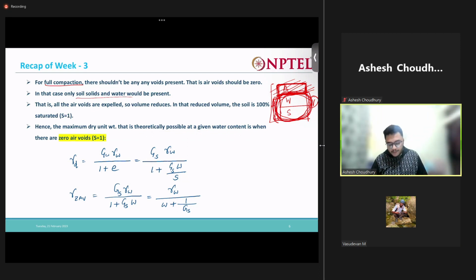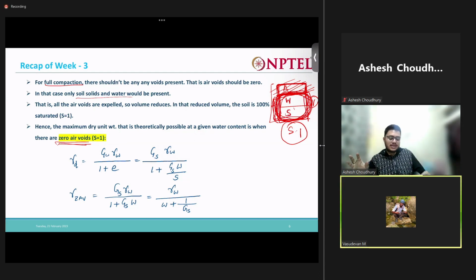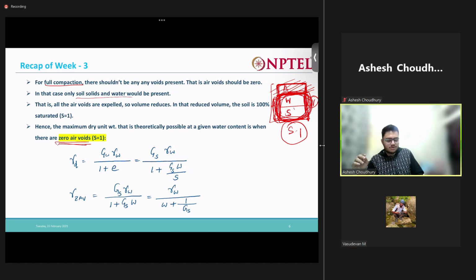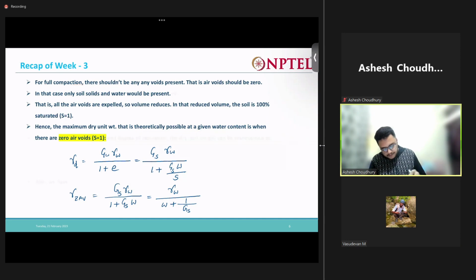So the maximum dry unit weight that is theoretically possible at a given water content is when there are zero air voids, and when there are zero air voids, that is when the saturation is equal to 1. Because in this reduced volume there is only soil and water, so I can say that my soil is saturated in this volume. Remember, I am talking about only this volume.